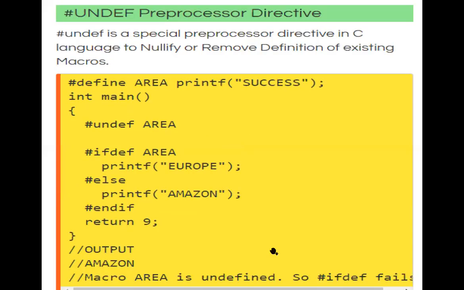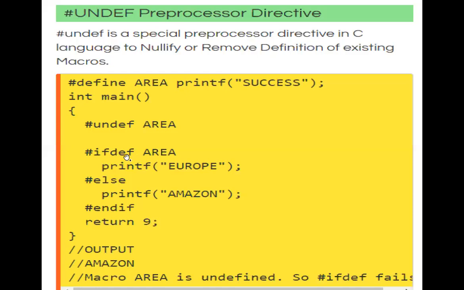And the last one, undefinition, is part of this. After defining a particular thing, you can undefine it. That is, if you have defined a macro AREA, you can undefine the macro also using #undef. After this particular line, if you use AREA, you will get an error. So you have defined an AREA macro and then undefined it.